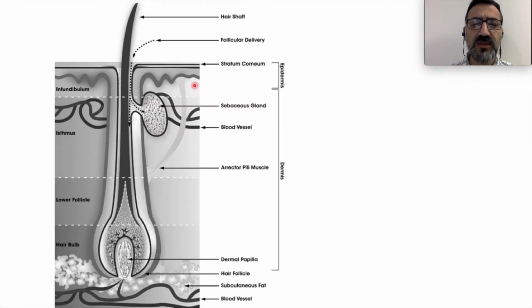In the next slide, you can see a little bit of a close-up of the hair follicle and the hair itself. There is a small gland in the middle part, somewhere in the middle of the hair, which is called the sebaceous gland. This gland produces a material called sebum, which is an oily liquid. That liquid is responsible for cleaning those dead tissues which are coming inside from the area where the hair comes out of the epidermis, and it has other functions, including moisturizing the skin around the hair cells.